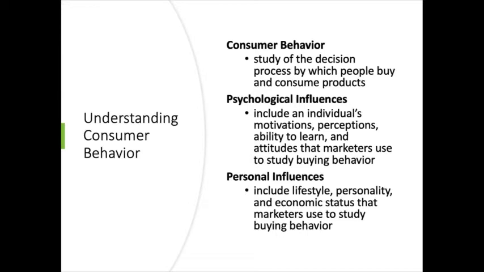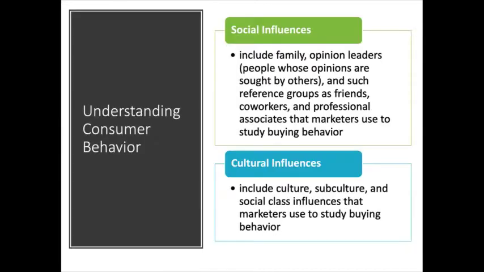And another class of influences would be personal influences, including lifestyle, personality, economic status that marketers use to study buying behavior as well. A couple of other types of influences, social influences, include family, opinion leaders.